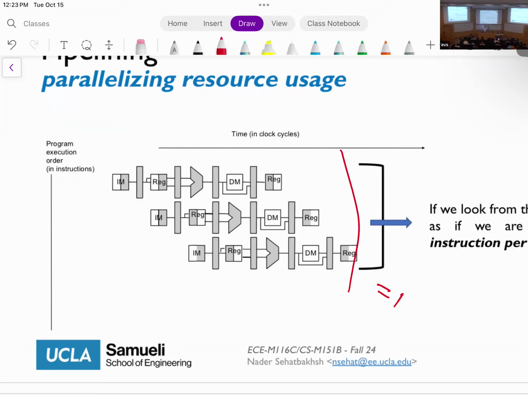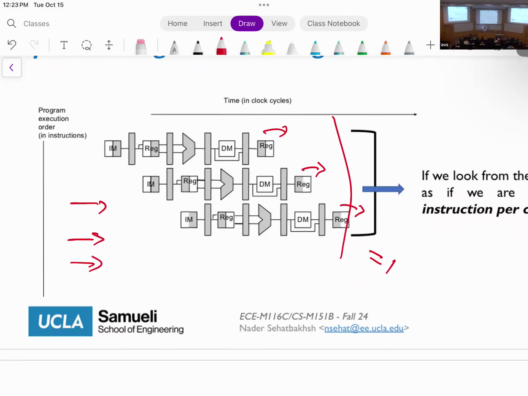If my pipeline is full and I can keep pumping instructions into it, then if I look at this last stage, I'll see that at every cycle there is 1 instruction that finishes. So in other words, I'm increasing my IPC, instructions per cycle, back to 1. Remember, for multi-cycle, that was 5 cycles per instruction, right? It takes 5 cycles for an instruction to go from this stage to this one, and this one, and this one, and this one, and then finish.